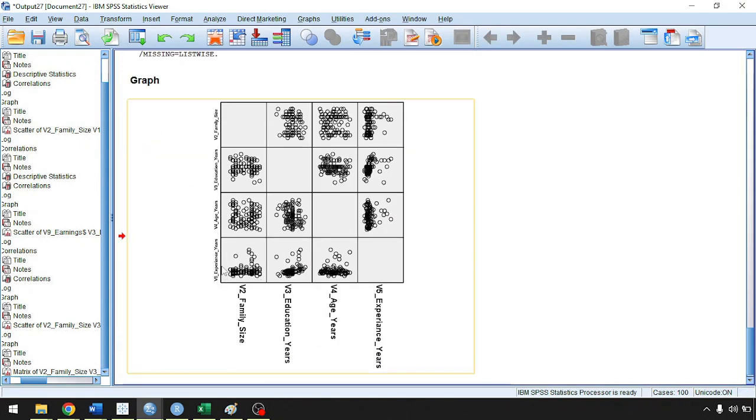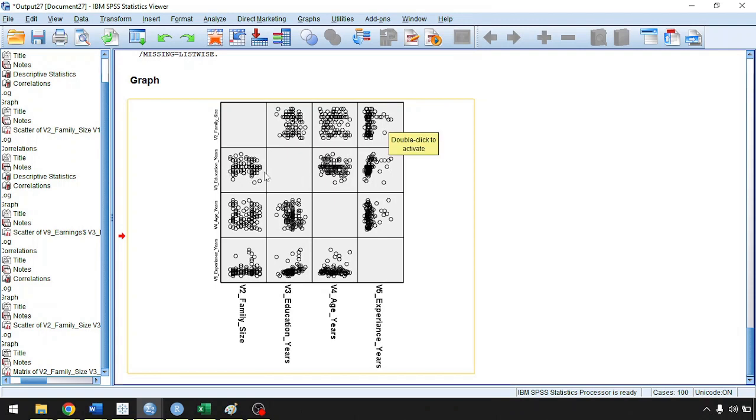As you can see, family size versus itself, it's blank, of course. Family size versus education years, we just checked. There's no trend. Family size versus age in years, no relationship. Family size versus experience years, a little bit, but not much.